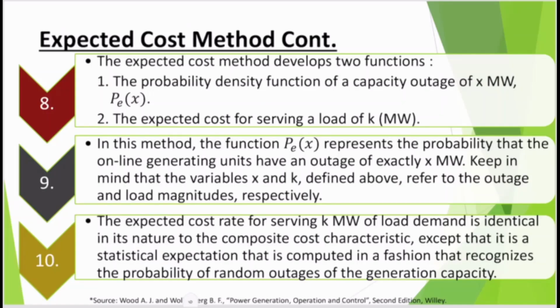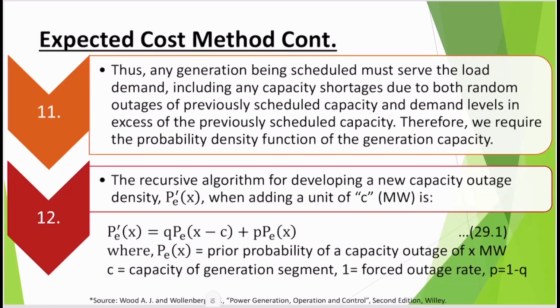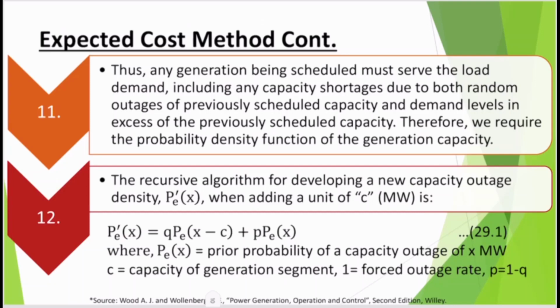The expected cost rate for serving K megawatt of load is identical in its nature to the composite cost characteristic, except that it is a statistical expectation that is computed in a fashion that recognizes the probability of random outages of the generation capacity. Thus, any generator being scheduled must serve the load demand, including any capacity shortages, due to both random outages of previously scheduled capacity and demand levels in excess of the previously scheduled capacity.